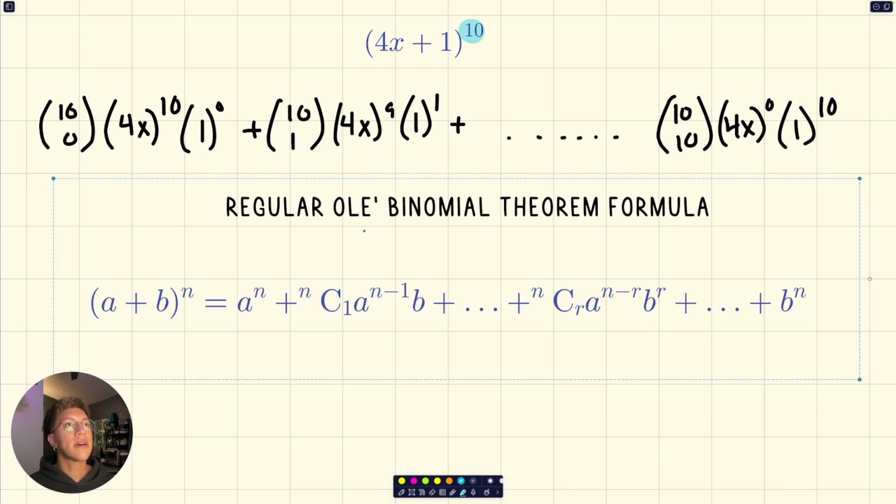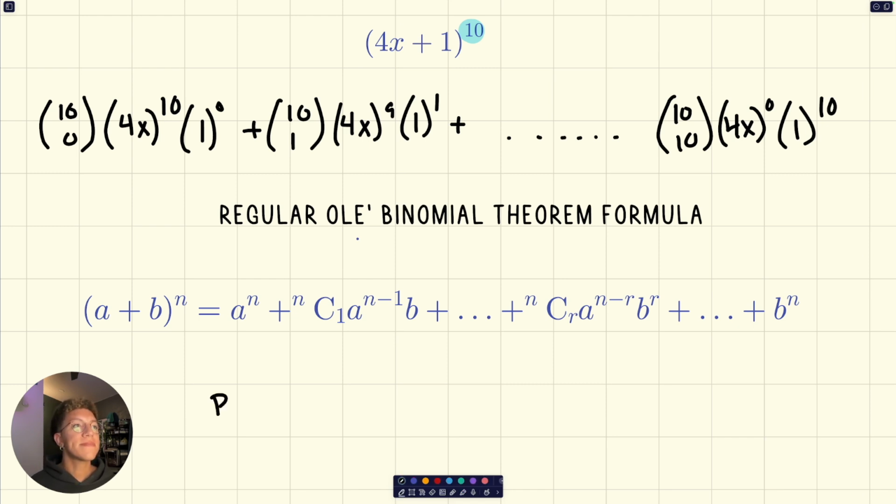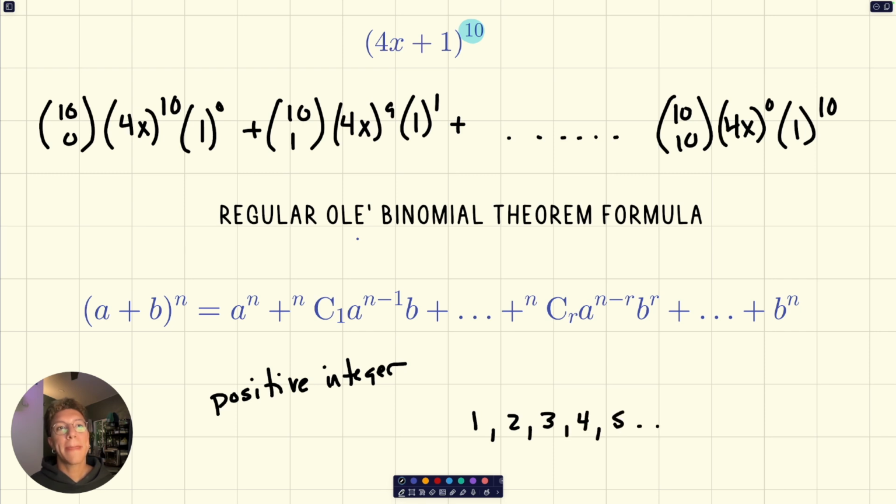So here is our regular binomial theorem, just like we talked about, and you can use this to expand any binomial up to any power as long as it's a positive integer. And a positive integer is any number starting with 1 that's a whole number and continues on up to infinity.